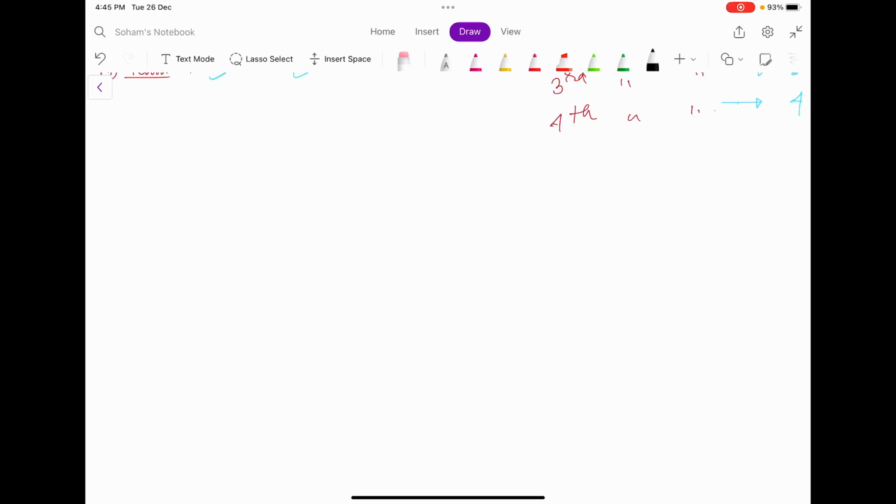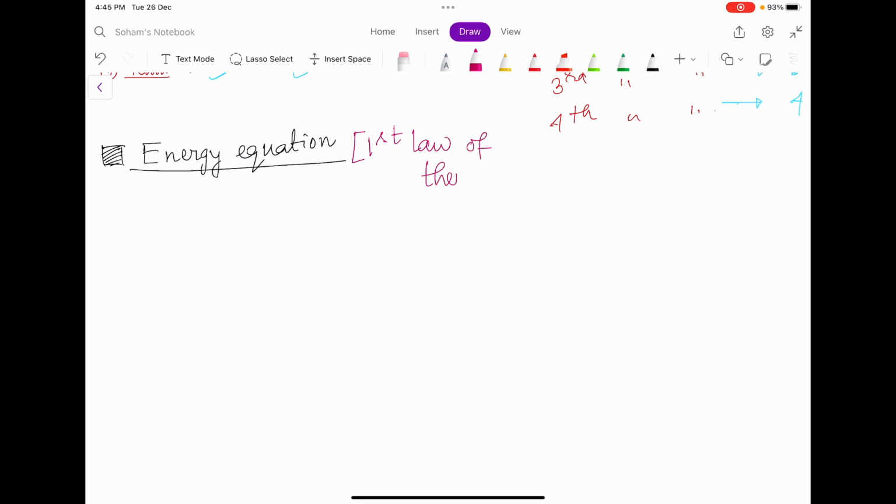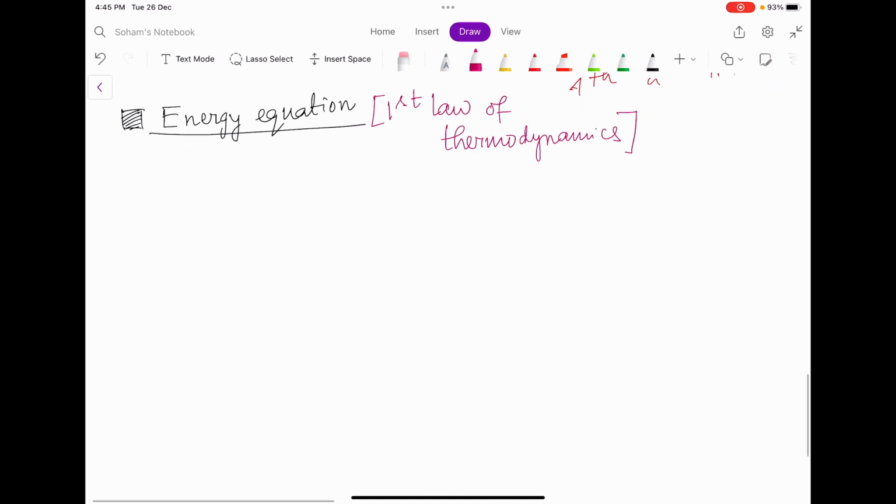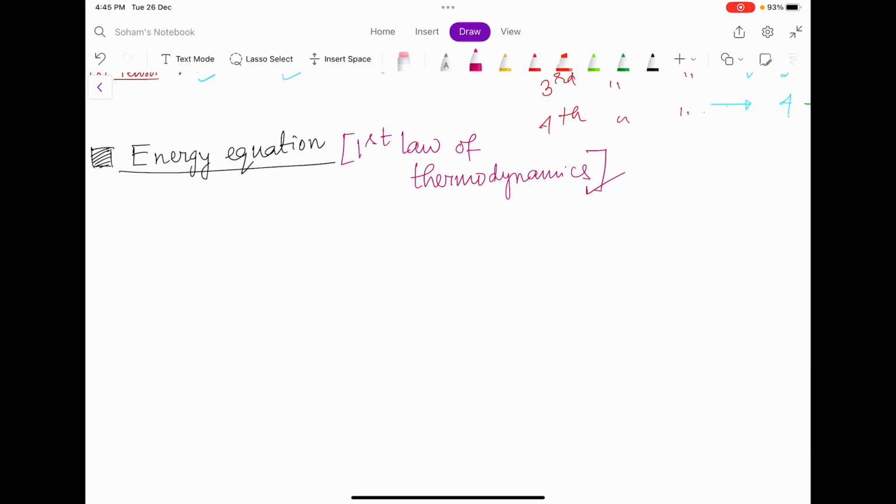So let's proceed with the energy equation, and this is nothing but the first law of thermodynamics, because energy equation means energy balance equation, and nothing more than that.